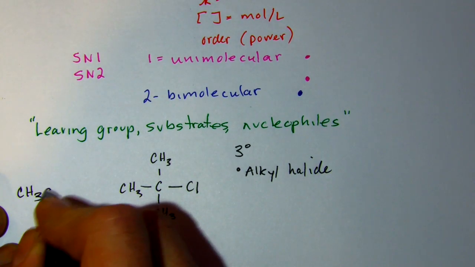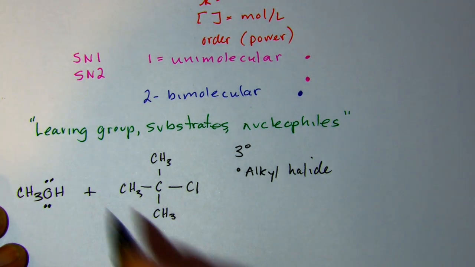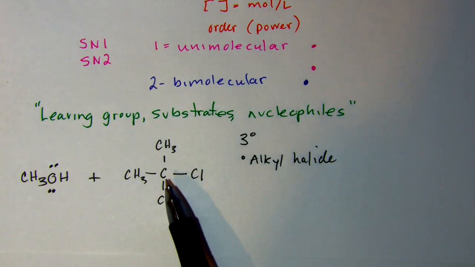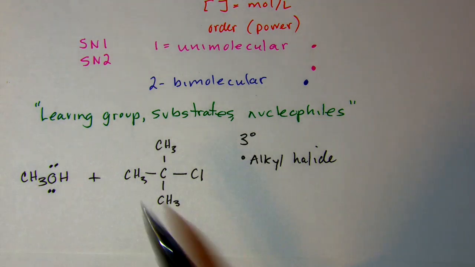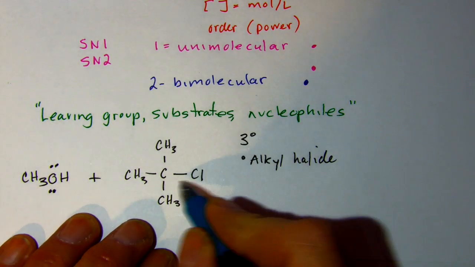So I'm going to draw a standard nucleophile here, like methanol. Okay, and you see this negative group is seeking, or will be seeking, this right here. It doesn't look like it's positive at all, and that's why we're going to get into this later on.